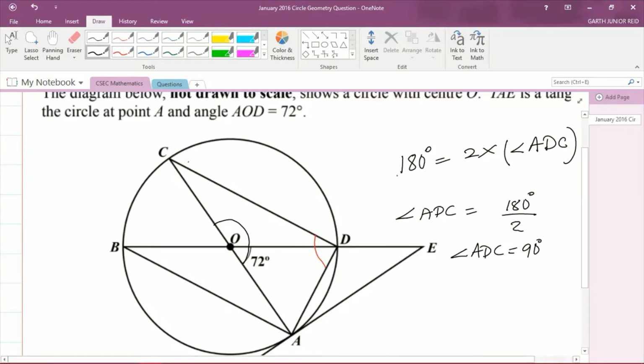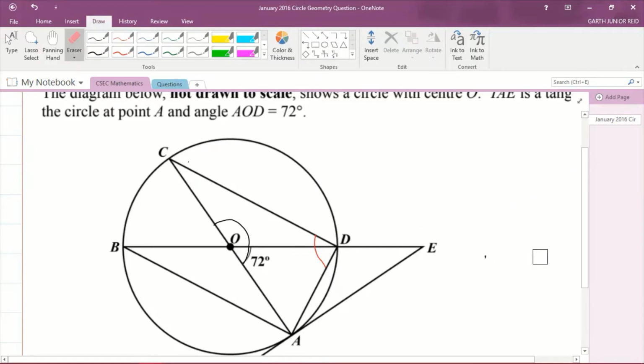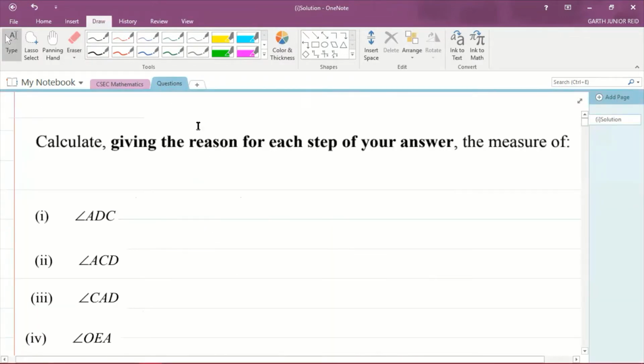So I'm just giving you an alternative method of calculating the same angle, using a different reason, and the reason here is that the angle at the center is 2 times the angle at the circumference. Great, so we have now finished part 1 of the question here.